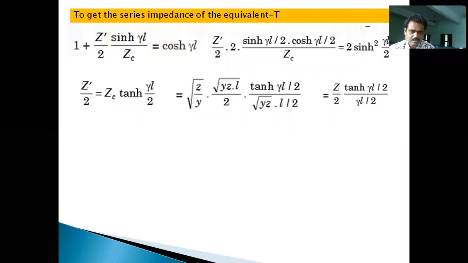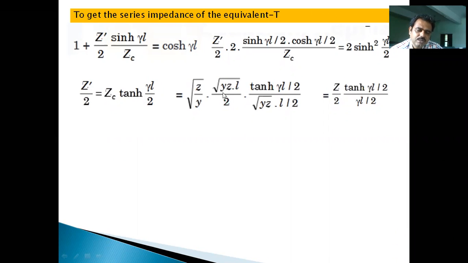So again, multiply and divide with root yz into L. Here L is outside the square root, so we have to just see L by 2.